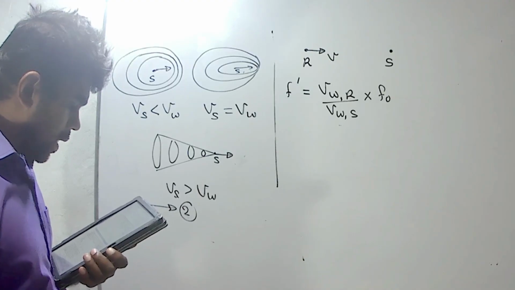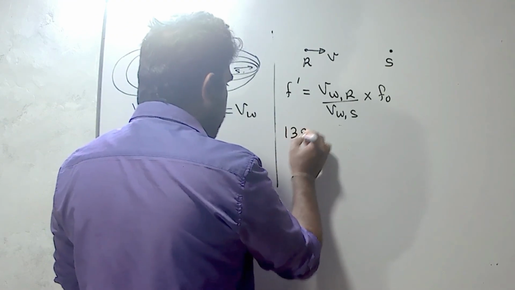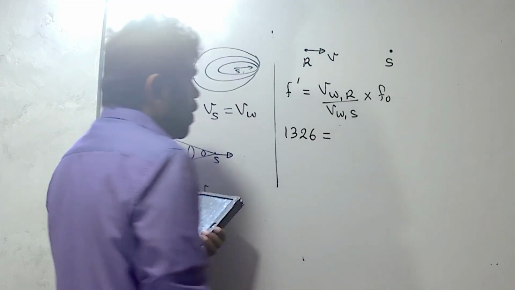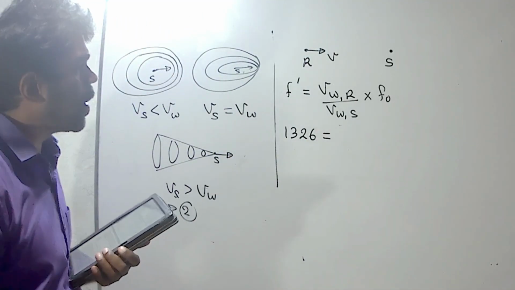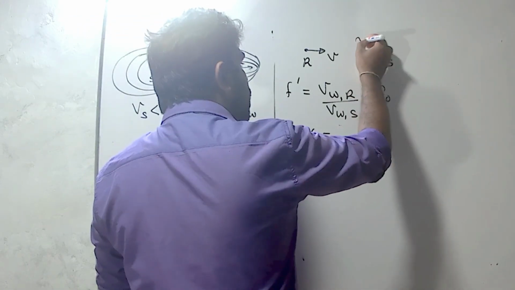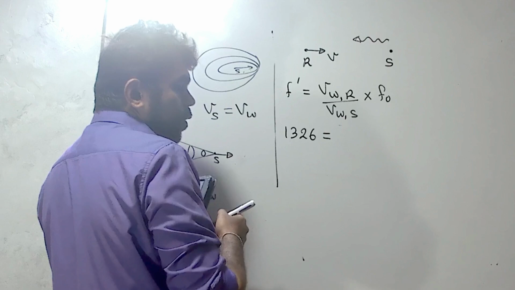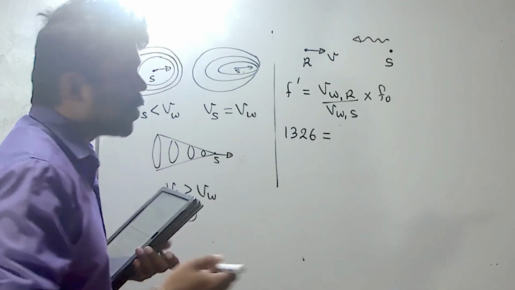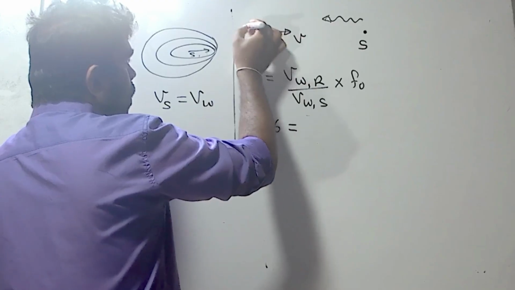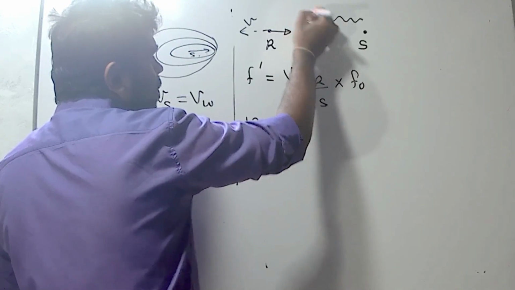They have given the maximum frequency, 1326. In getting the velocity of wave related to the receiver, the wave is moving in this direction. We have to stop the receiver. To stop the receiver, we have to give opposite velocity to the receiver, and we have to do the same thing for the wave.